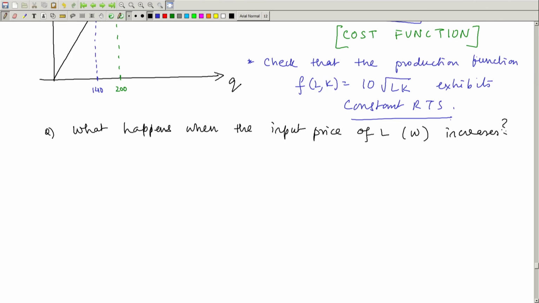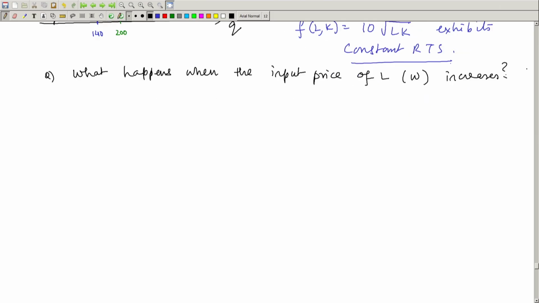We want to understand this pictorially. Previously I had W1 equals 20 and R1 equals 80 rupees per unit. For whatever reason, now the cost of labor has increased from, let us say, 20 to 40 rupees per labor hour, and the cost of capital I am going to still keep the same.